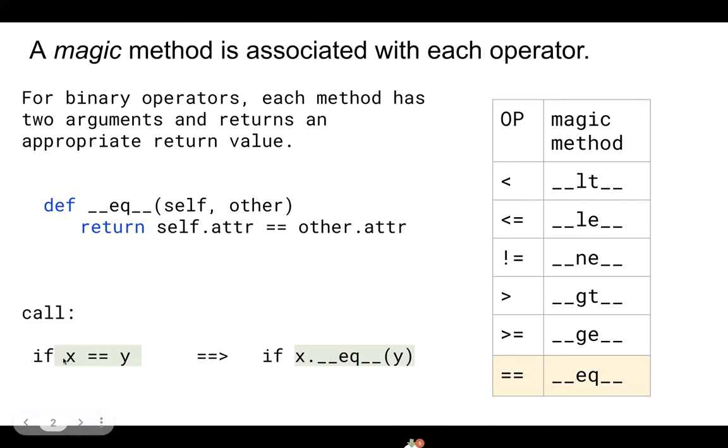So if I say if X equals Y, the self is X, other is Y. This is a little clearer if you call the method this way: X dot underscore underscore EQ underscore underscore Y. So other is the Y and X is the self. These are the same way of calling, so you can use the method name or you can use the operator. It's testing to see whether they are the same. It'll return true if they're the same, and false if not.